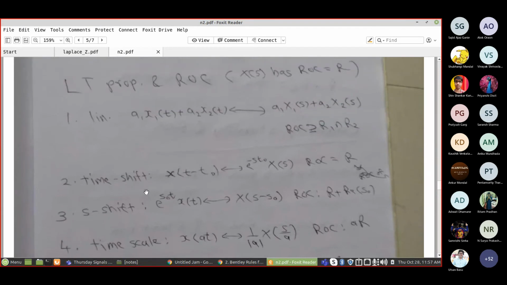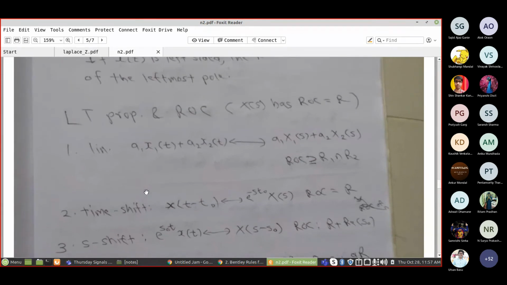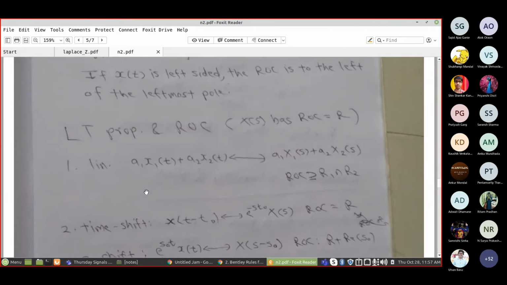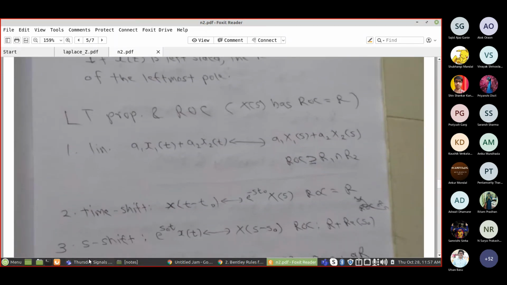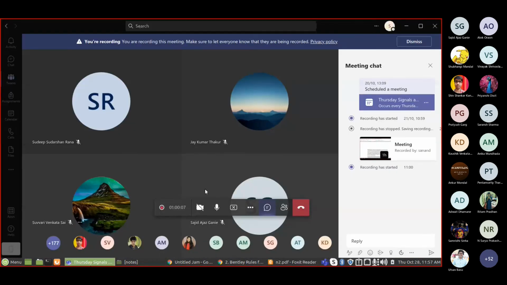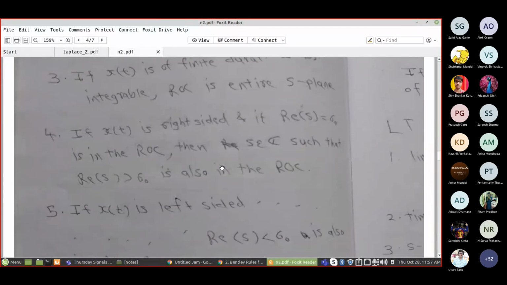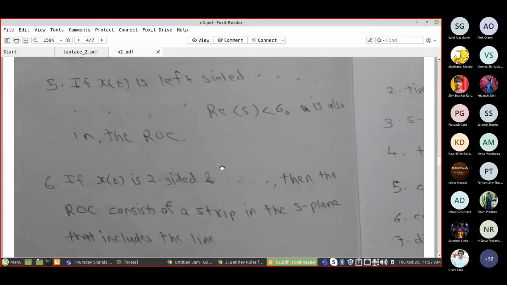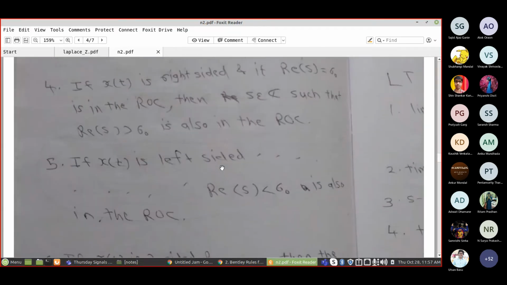So, Laplace transform properties. Any questions, by the way? We still have 2-3 minutes. One or two we can do quickly, maybe in 1 minute or so. The discussion regarding ROC, also read it from the book. It will make it more clear.